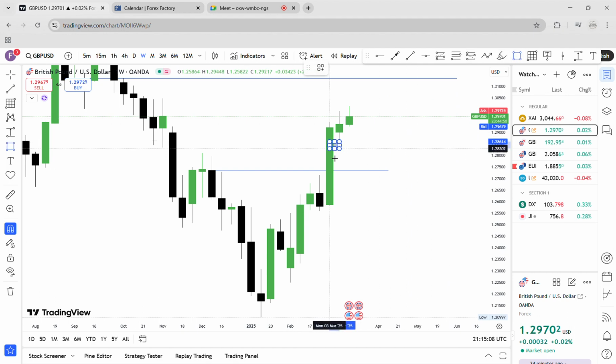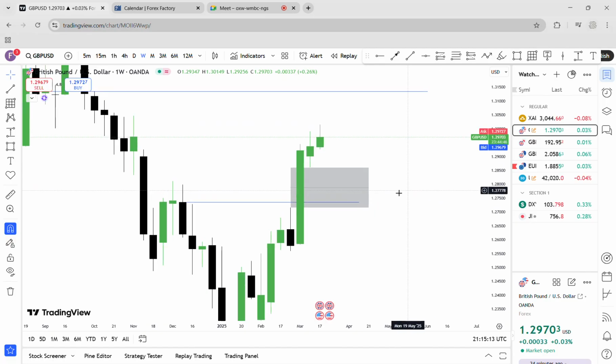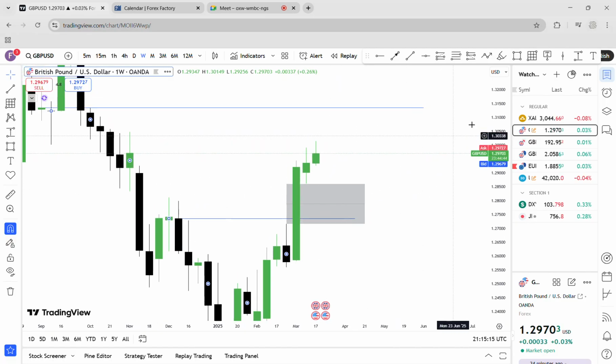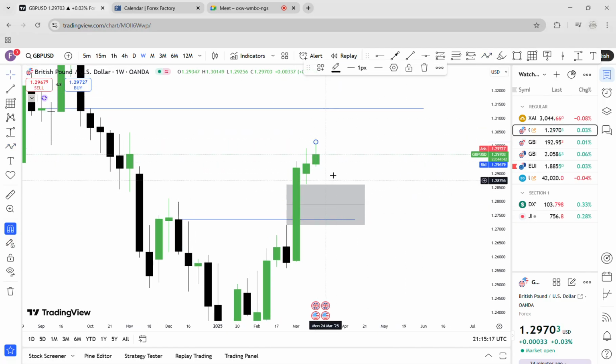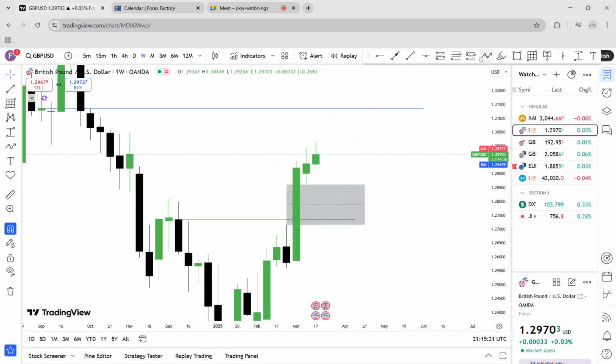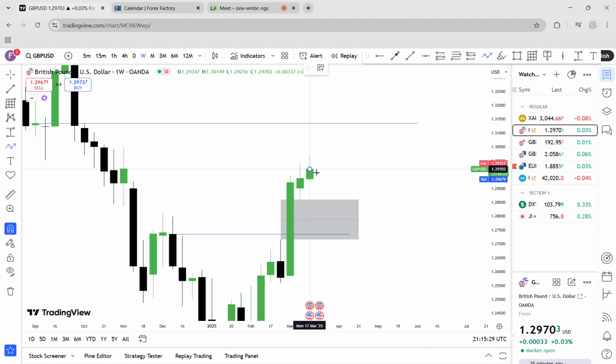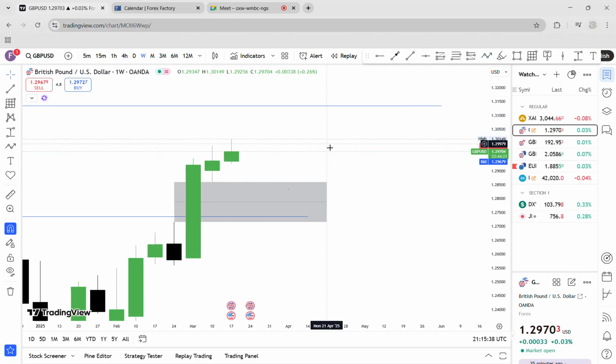We can use this fair value gap too for price to trade in and, like this, continue going higher. I mean, price can also just continue going higher without trading back into this area now. So anything is possible with price, but we don't have to chase it.